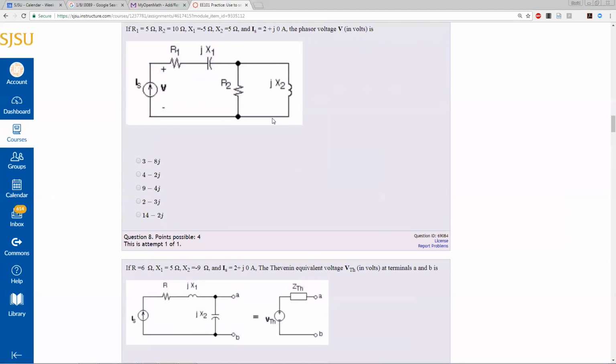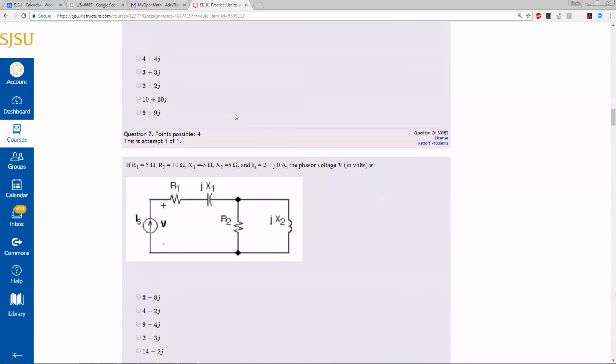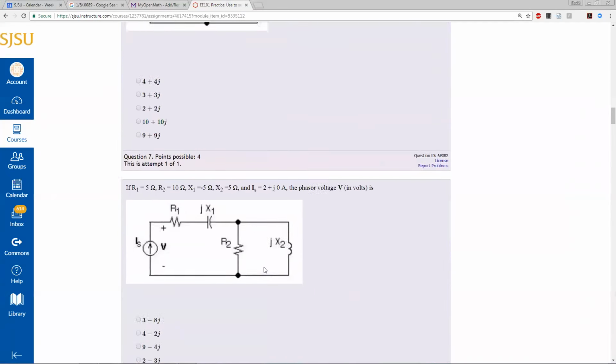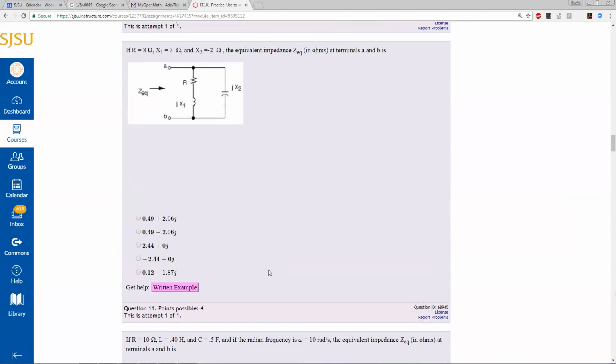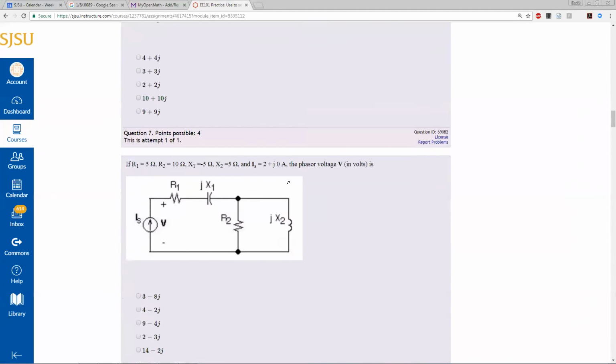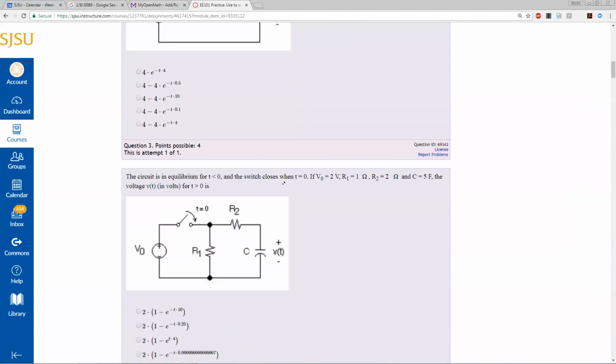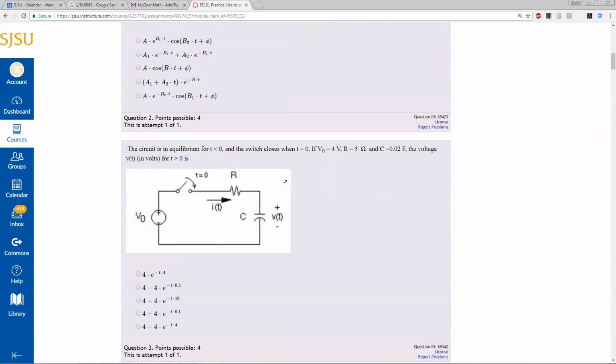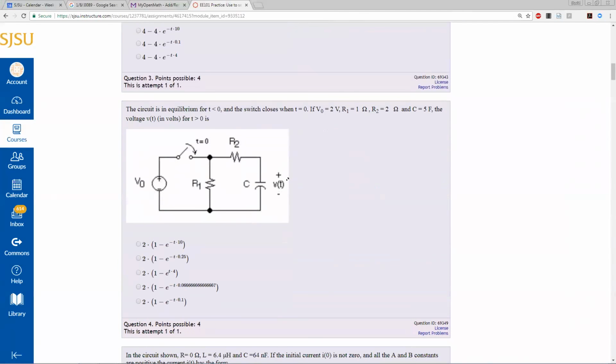Because that one is probably one of the hardest ones of that kind, right? Now, yeah, back to the transients. Probably one that gives people a lot of trouble is this one. The switch closes and it's an ideal voltage source.